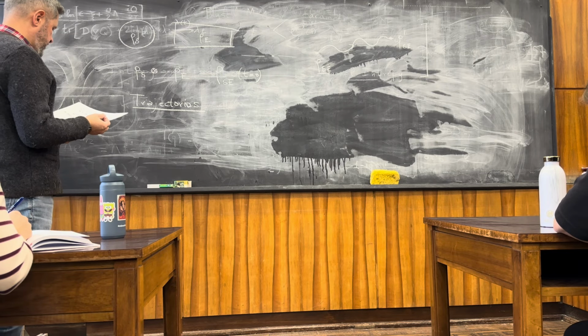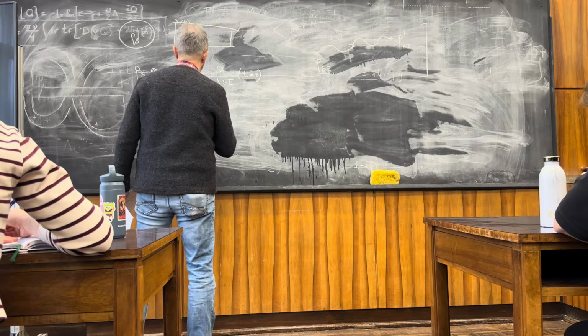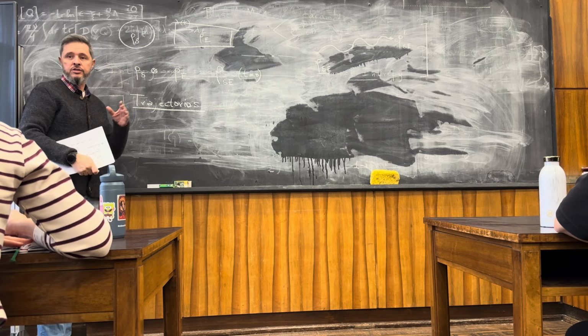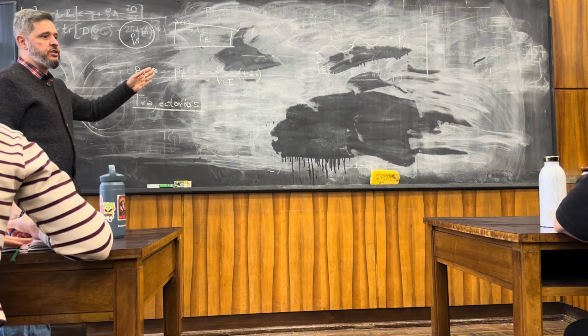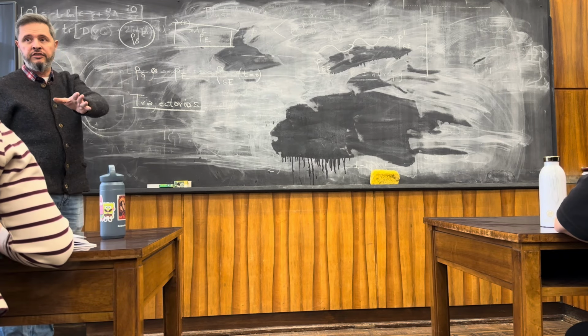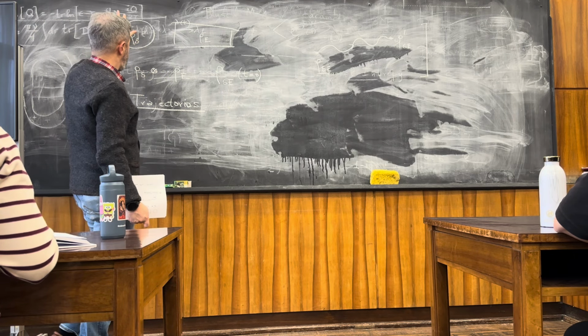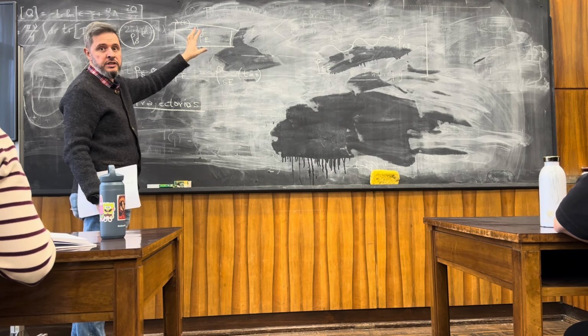So in order to define a trajectory, before I defined a trajectory with an initial measurement of energy, the initial time and the final time. In this case, I have to keep track of what is the system and what is the environment.